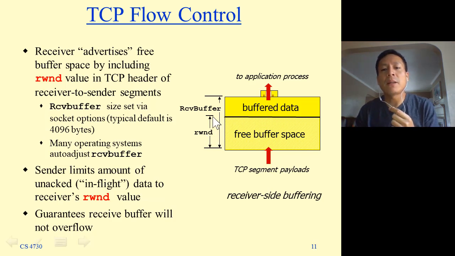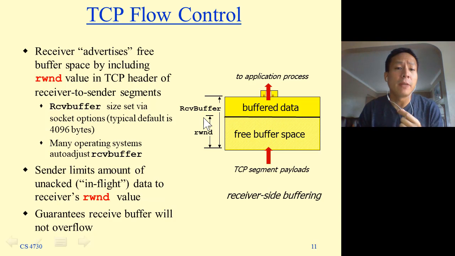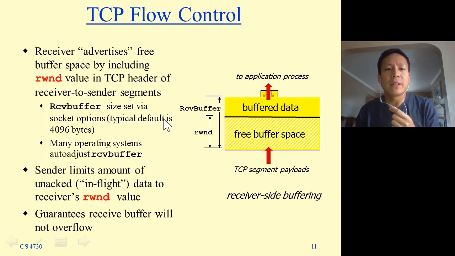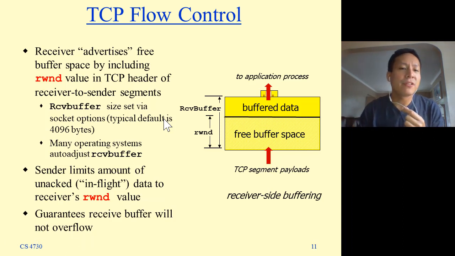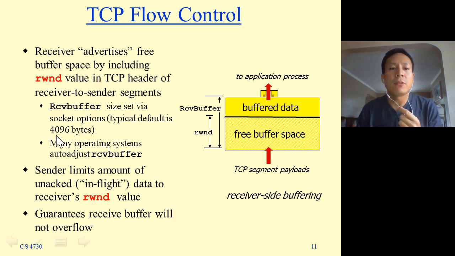RWND, the receiver window, is always smaller than the receiver buffer, right? The receiver buffer is constant, usually preliminarily set by the socket. For example, 4096 bytes is a very common maximum receiver buffer size. Okay, so you can see the receiver window will always be dynamic. It cannot exceed the receiver buffer.